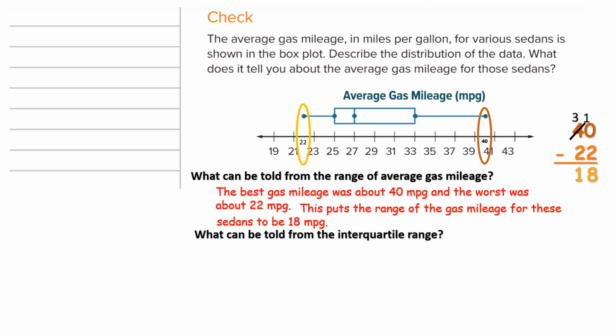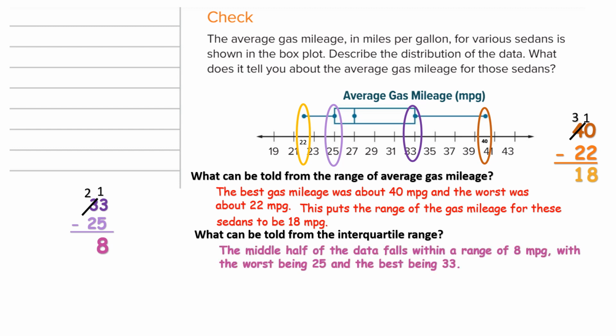Now, we ask about the interquartile range, the inner grouping, the inner middle 50%. What can be told about the interquartile range? So now I'm going to look at the lowest and highest for my interquartile range, which are the edges of the box. So when I look at the left, I can see that it's at 25, and I look at the right, I can see that it's at 33. So range, once again, is subtraction, and I take 33 minus 25, and that tells me that I have 8.